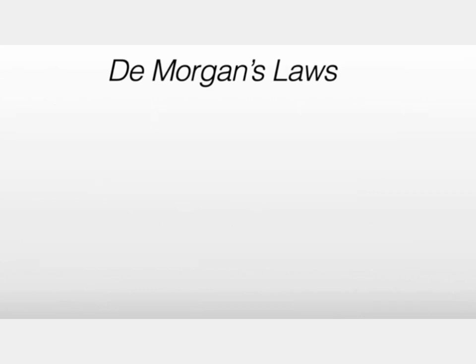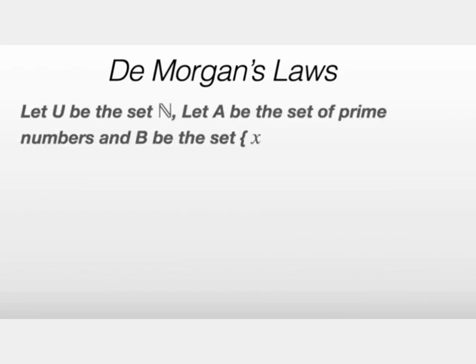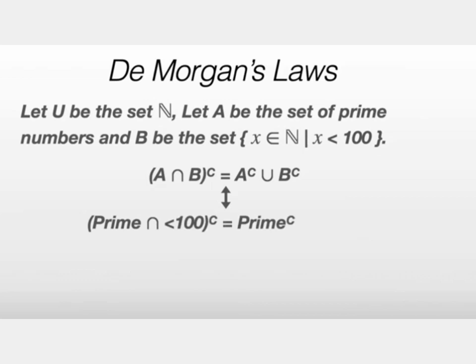To illustrate the second law, if U is the set of natural numbers, let A be the set of prime numbers and B be the set of x in the natural numbers such that x is less than 100. Using the De Morgan's law, we get that the complement of prime and less than 100 is equal to the complement of prime numbers or the complement of less than 100.